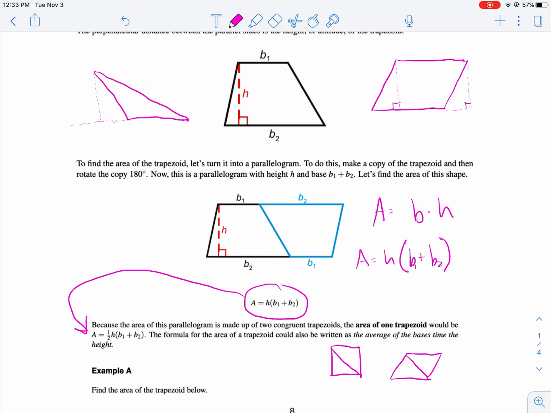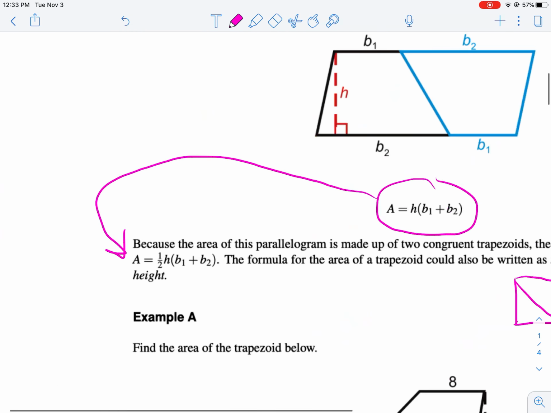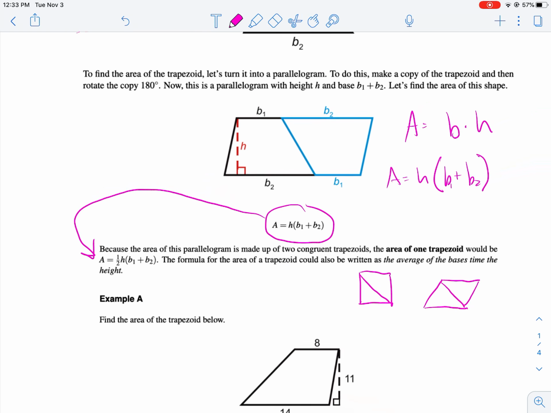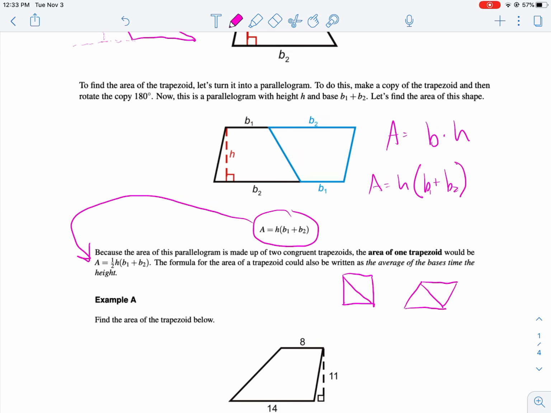So as far as that 1/2, the area, as you can see here, is 1/2 the height times base 1 plus base 2. The formula for the area of a trapezoid could also be written as the average of the bases times the height, but typically we like to keep things nice and simple, so that's how you'll see me write it throughout the year.